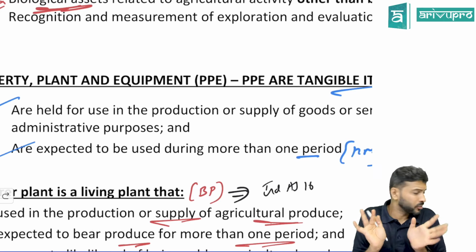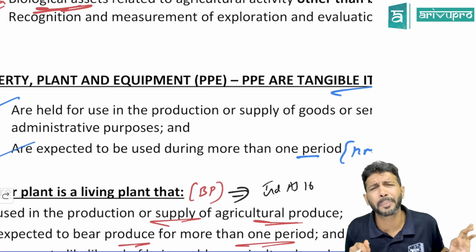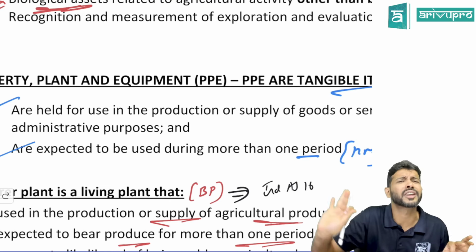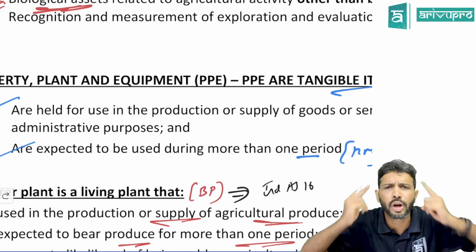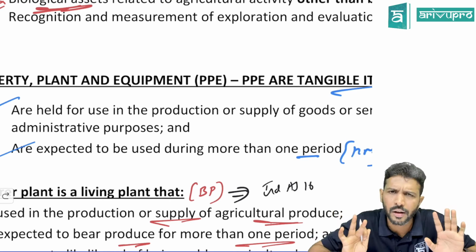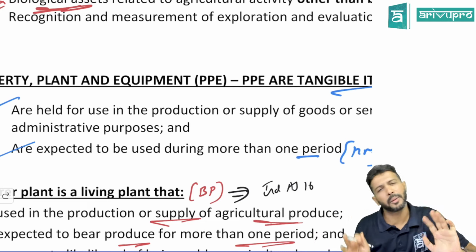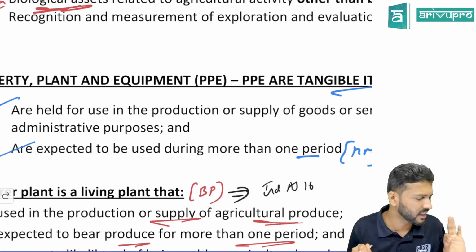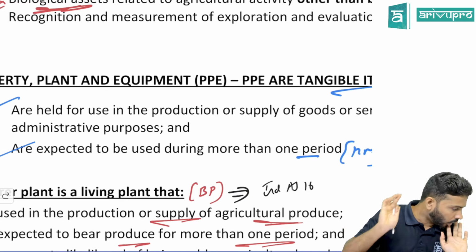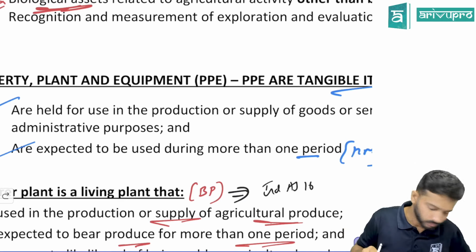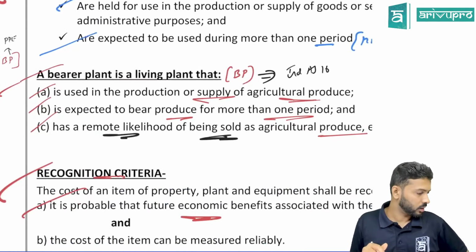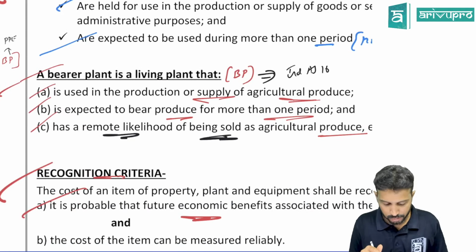So for case studies or MCQs, we don't have to do extra preparation. All we need to do is be conceptually clear and remember. As long as that is happening, almost every full 100 marks will be an easy sale basically. Okay, awesome. Everyone is saying IND AS 16. Awesome, great answers.